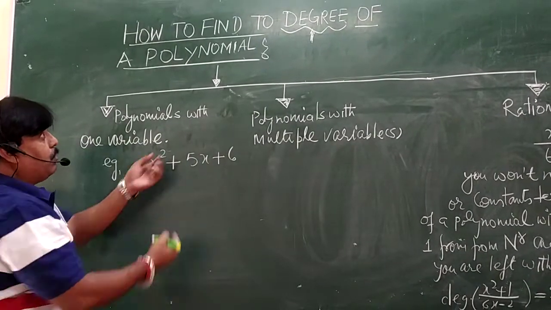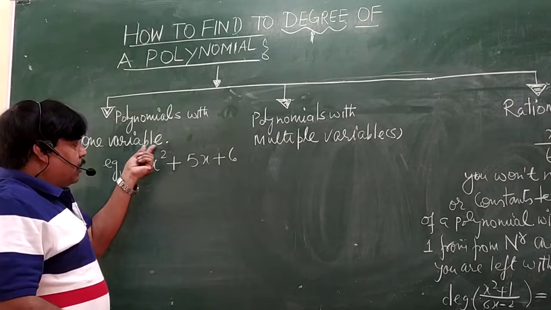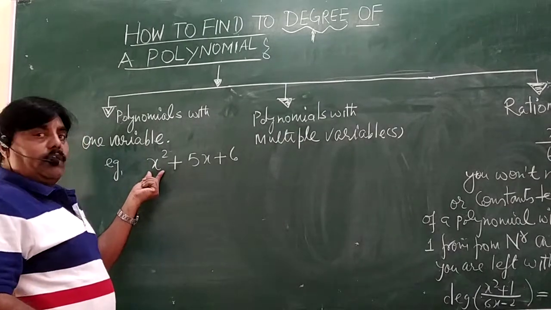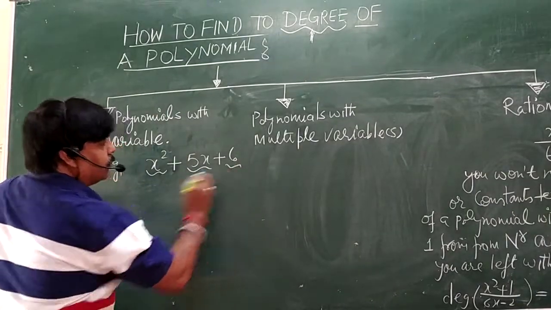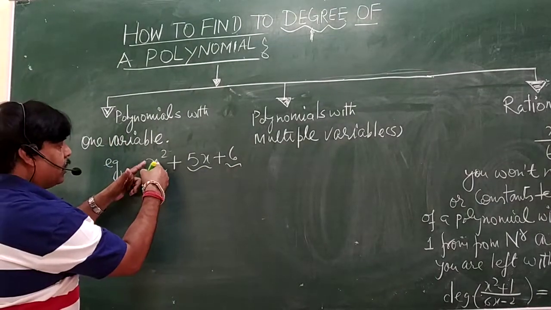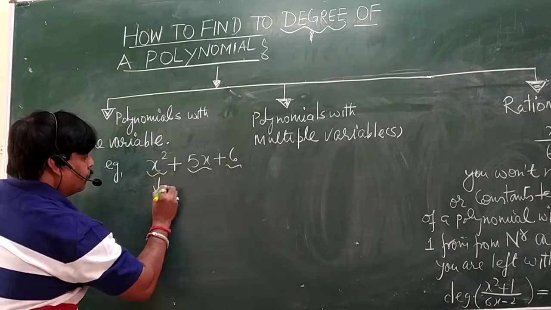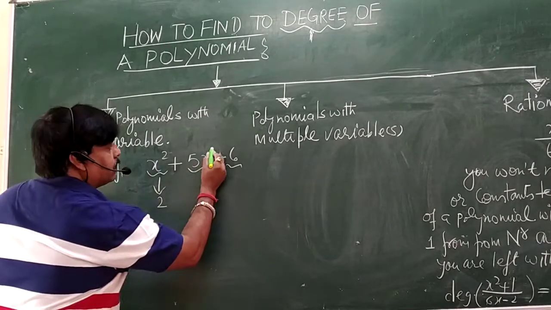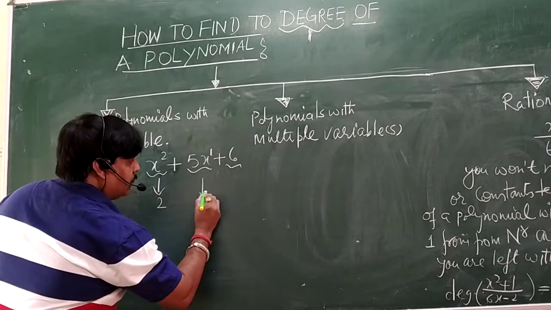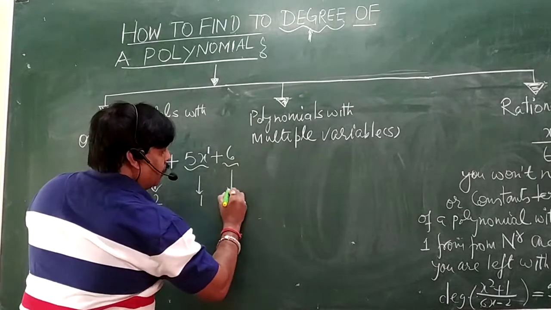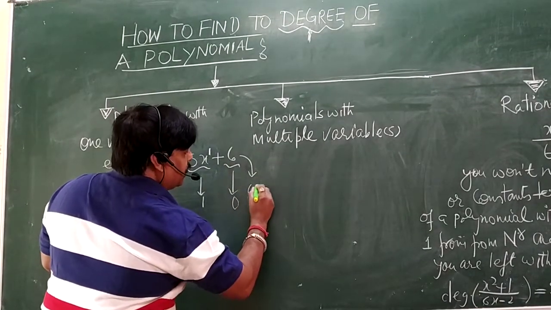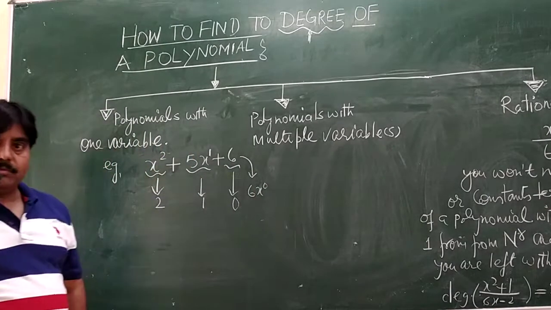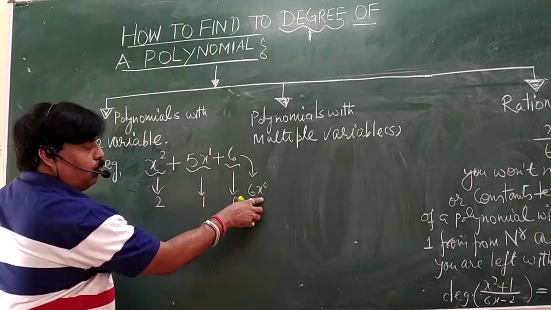We will check the exponent of each individual term. This is the first, second, third. Here the exponent of x is 2, here is 1, and here is 0, because this 6 can be written as 6x raised to the power 0. x raised to the power 0 means 1.